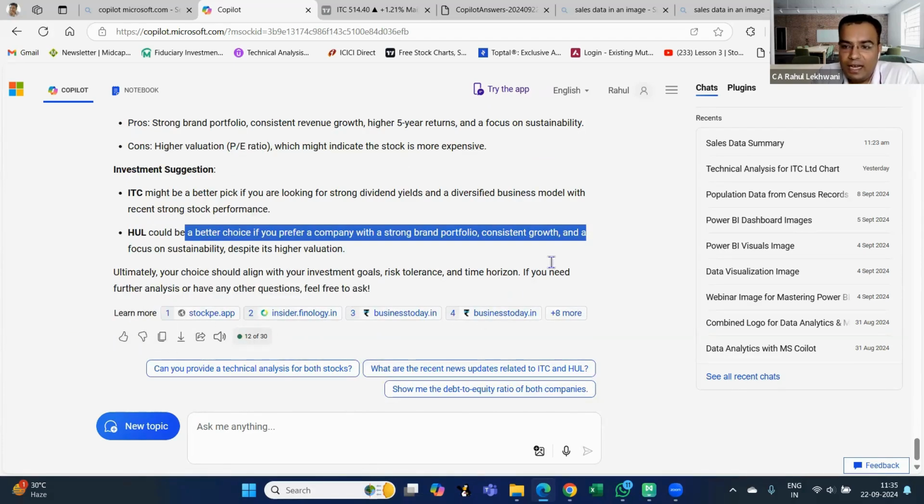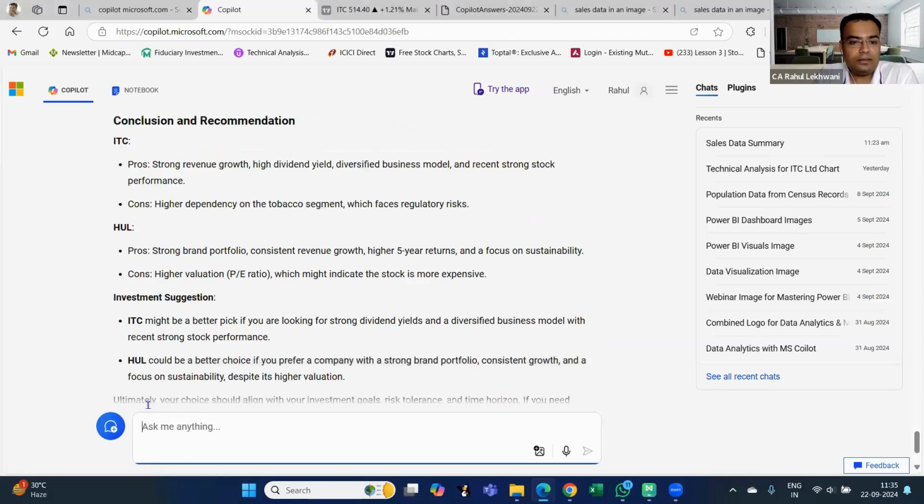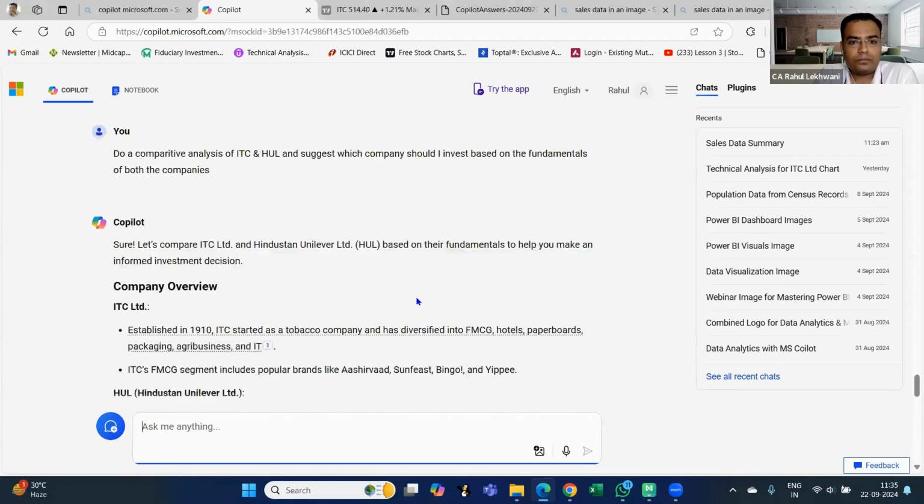So you can do technical analysis, you can do fundamental analysis, you can compare two stocks. Now, does anybody want me to compare any two stocks of the same industry? I would be happy to do that. Yes, anybody has any stock in mind? Two stocks which we can compare.